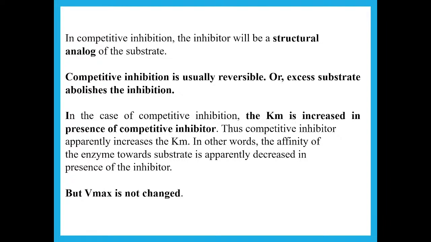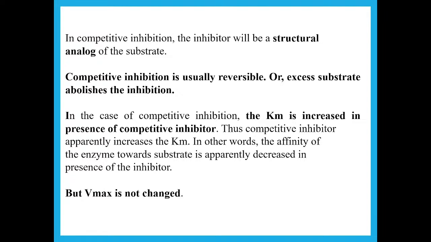The relationship between the affinity, the Km and the velocity is very important throughout enzyme kinetics or enzymatic reactions. Thus, a competitive inhibitor apparently increases the Km. In other words, the affinity of the enzyme to a substrate is apparently decreased in the presence of an inhibitor, but Vmax will never be changed.